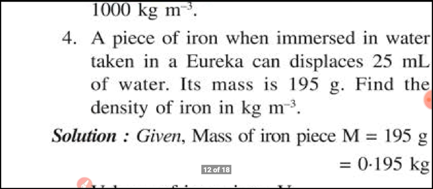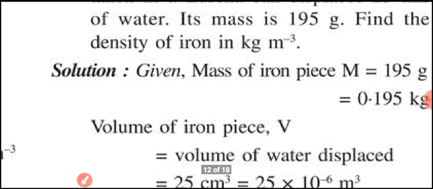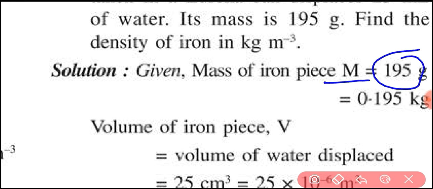Okay. Now fourth question. A piece of iron when immersed in water taken in a measuring cylinder displaces 25 ml of water. Its mass is 195 gram. Find the density of iron in kilogram per meter cube. So given that mass of iron piece M is equal to 195 gram, we can convert this gram into kilogram by dividing by 1000. Then we will get 0.195 kilogram.